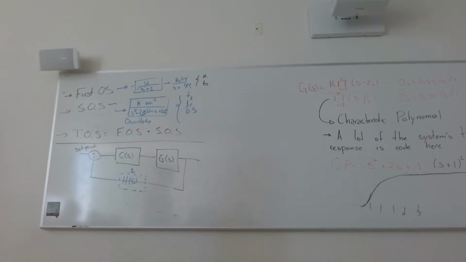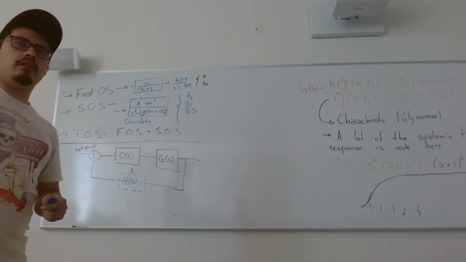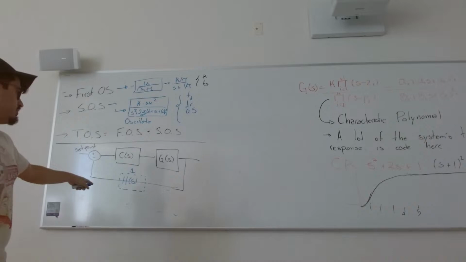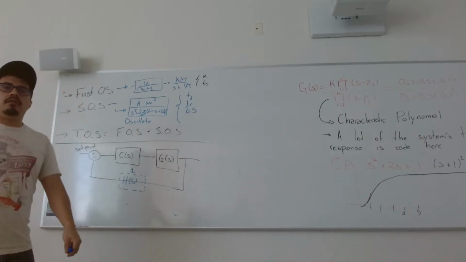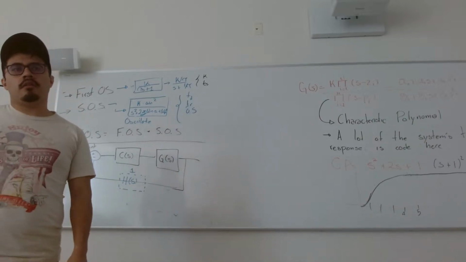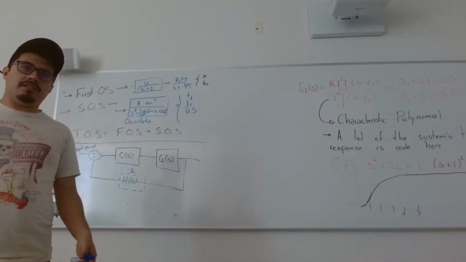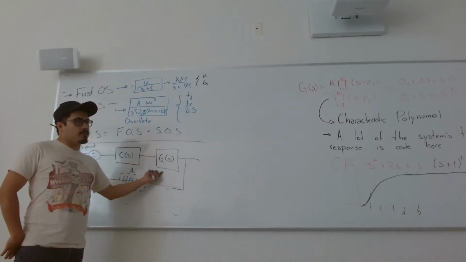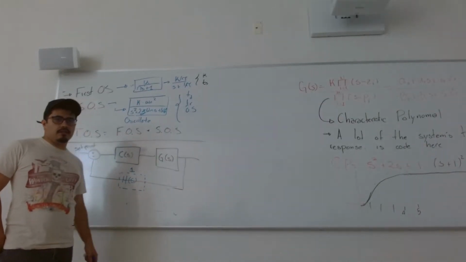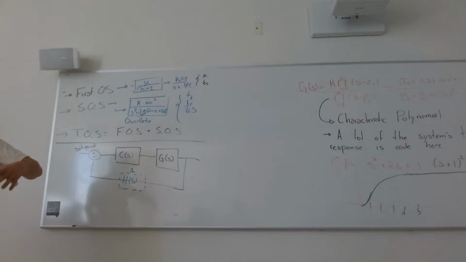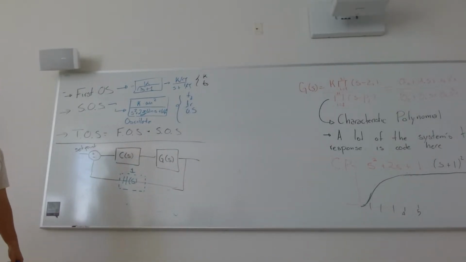No. You can actually program a root locus to include the H of S. Okay, but if you only input the system, it's going to assume that it's unit feedback. Okay. So you can change that, but you need to tell it.